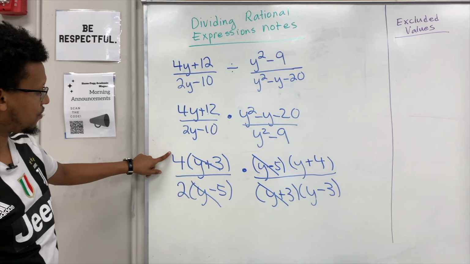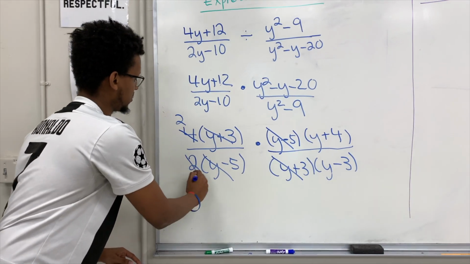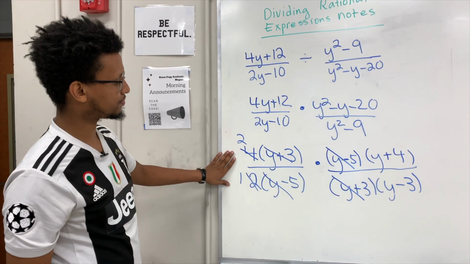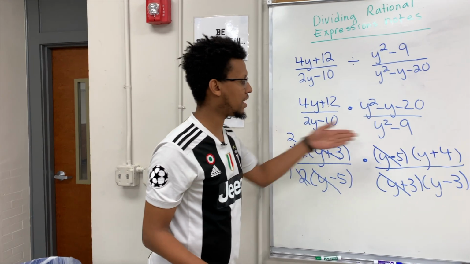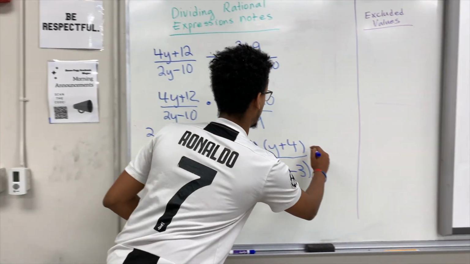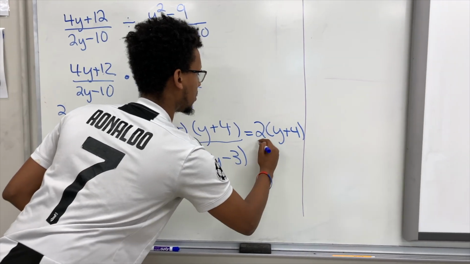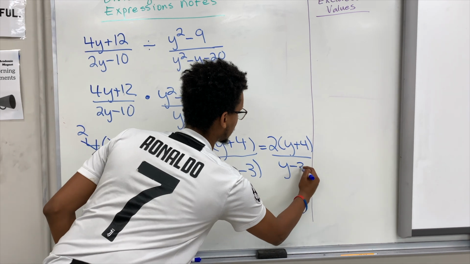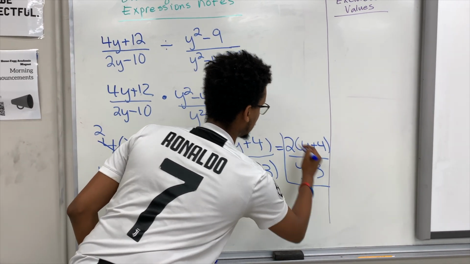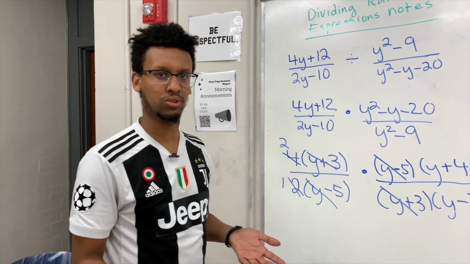And we have 4 over 2, which is just going to give us 2. So remember, when you multiply fractions, you multiply across, and we are left with 2 times y plus 4 over y minus 3. And this is our final answer in terms of just finding the solution.